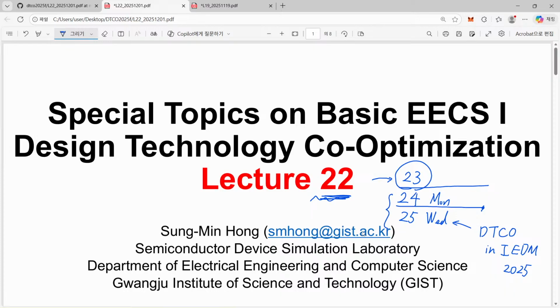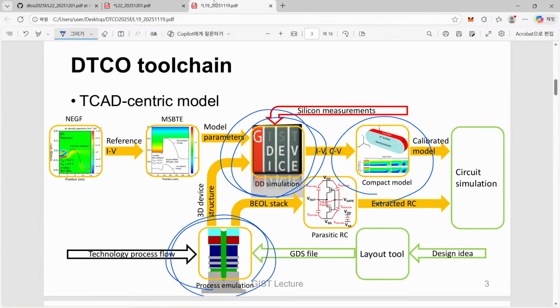So simply speaking, the entire complete DTCO toolchain requires 2 additional capabilities. One is how we can build a compact model, and another one is how we can extract parasitic resistance and capacitance from a given structure. After that we can run simulation with these extracted compact models and parasitic RC network.